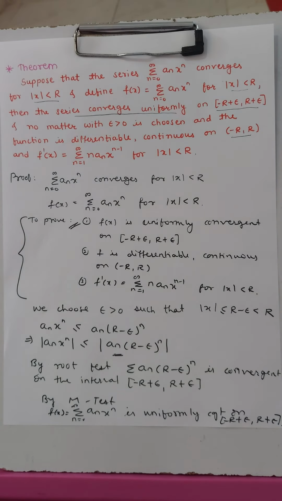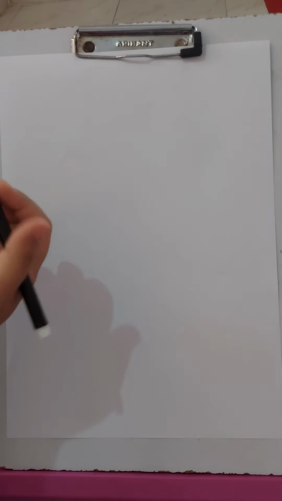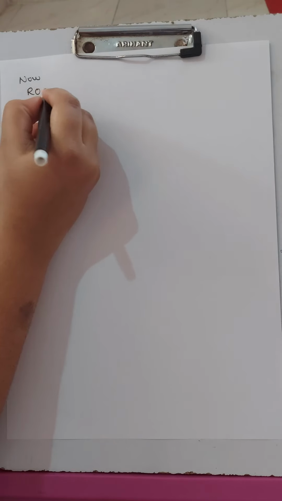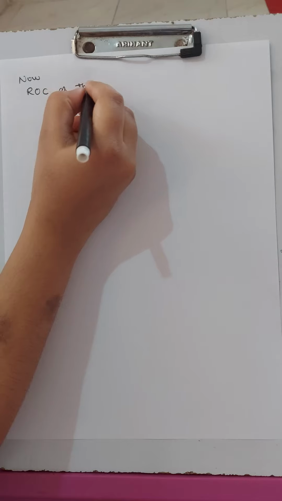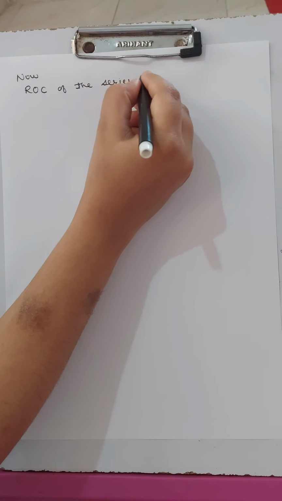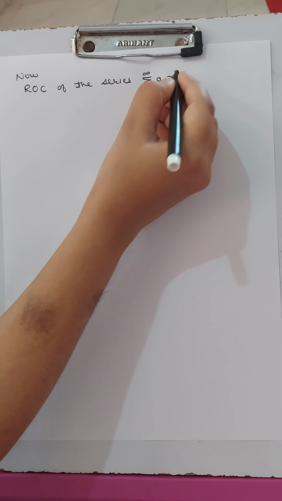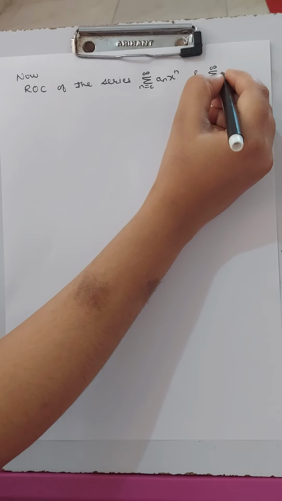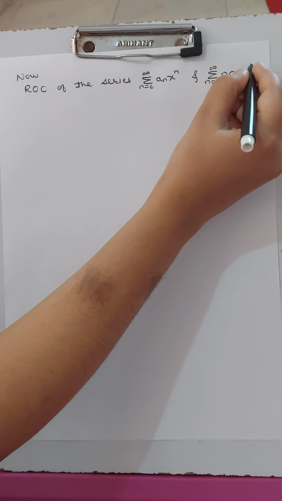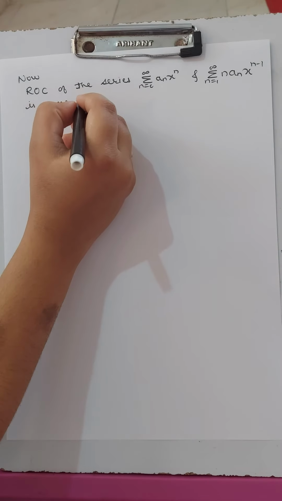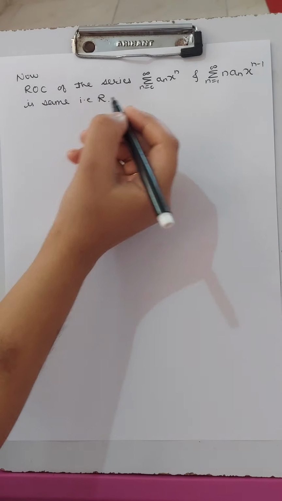Now let's move forward. Now we know that the radius of convergence of the series summation n from 0 to infinity a n x to the power n and the series summation n from 1 to infinity n a n x to the power n minus 1 is the same, that is r.